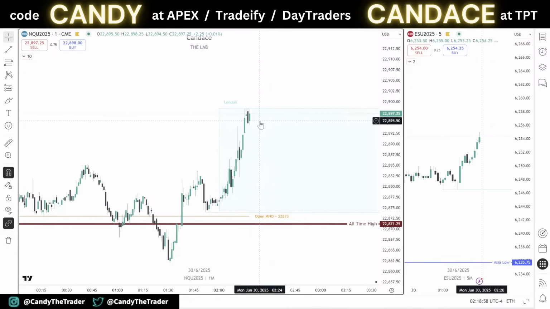Where would you draw standard deviation projections? I'm gonna use the lab model if I want to draw standard deviation with 4-hour candle and also a retracement.